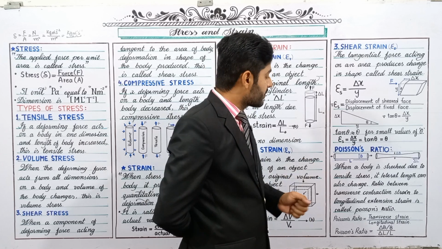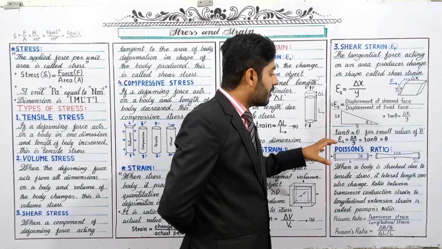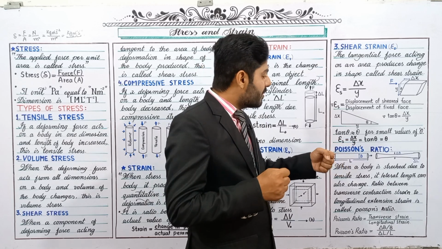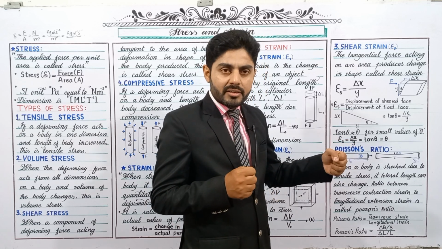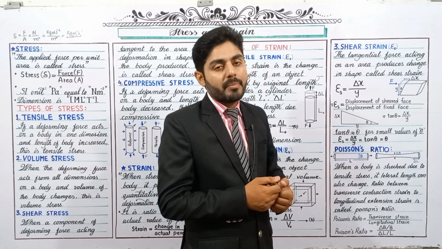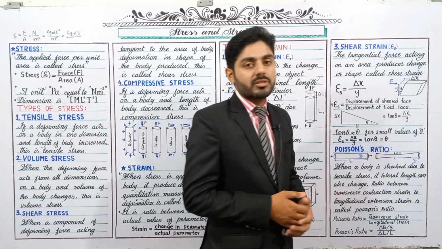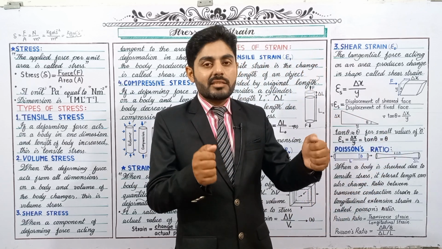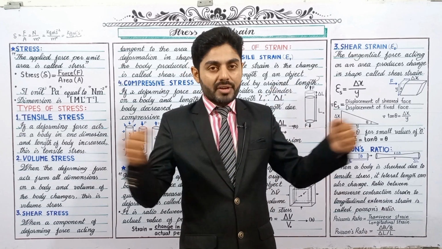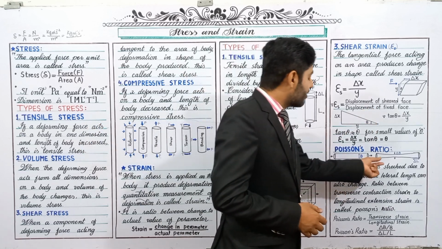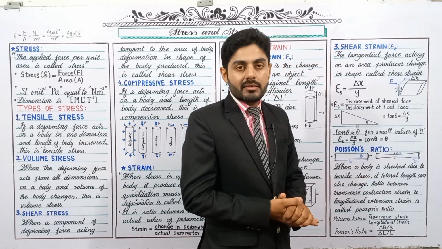Remember that when you apply a force to stretch or compress an object, there will be some extension, some strain in the longitudinal direction, but there are also some changes in the thickness of this object. If you compress it, thickness will increase. If you stretch it, thickness will decrease. So there will be a change in the thickness.